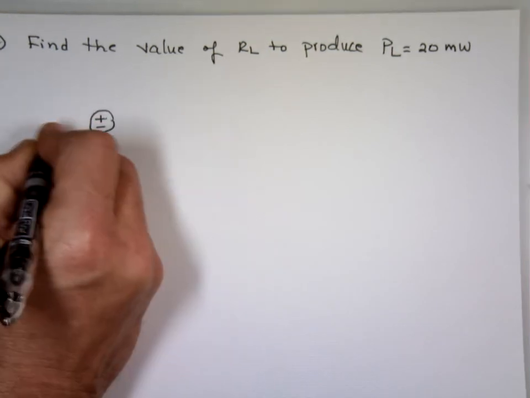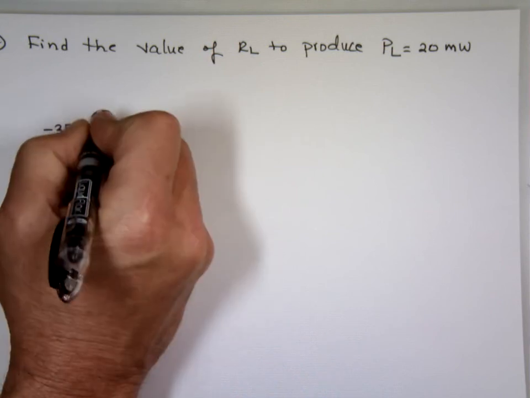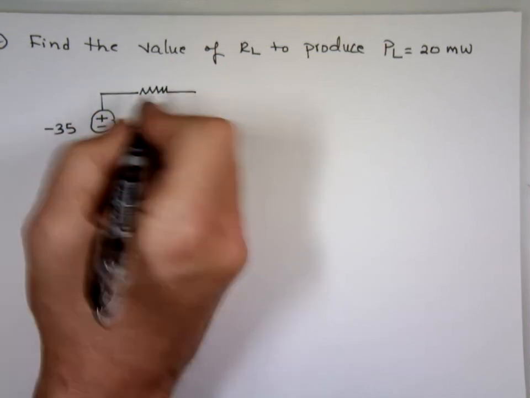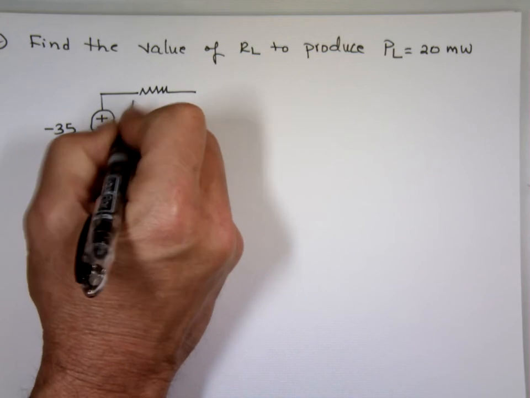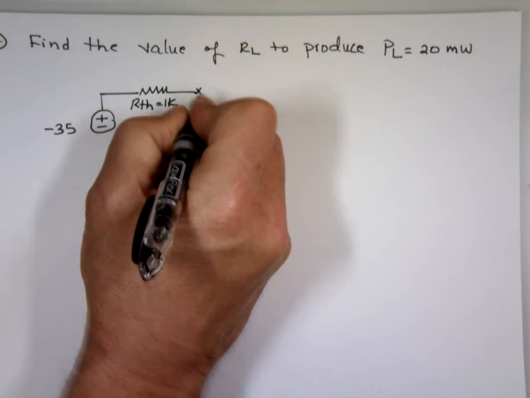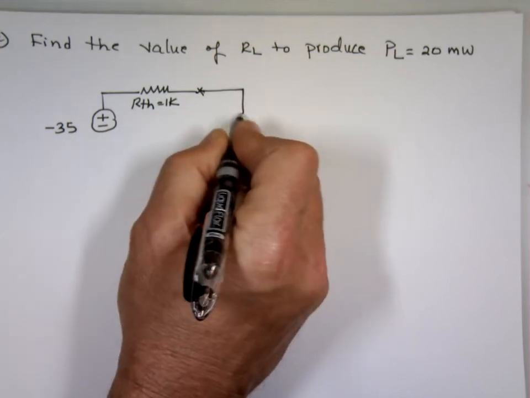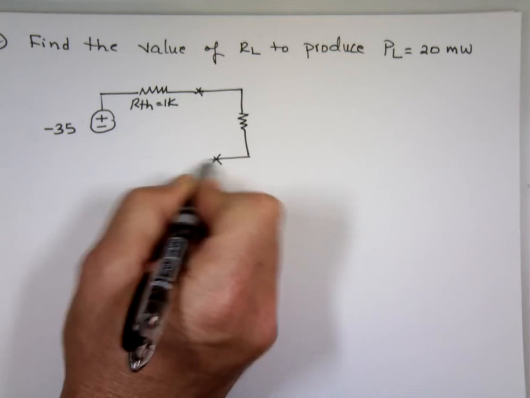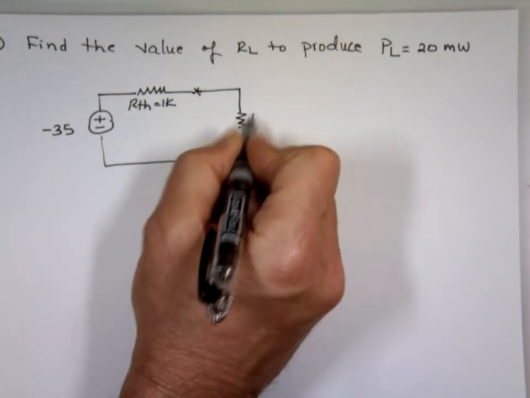This is negative 35, this is 1K R Thevenin, and this is R sub L. We're not sure what that number is.